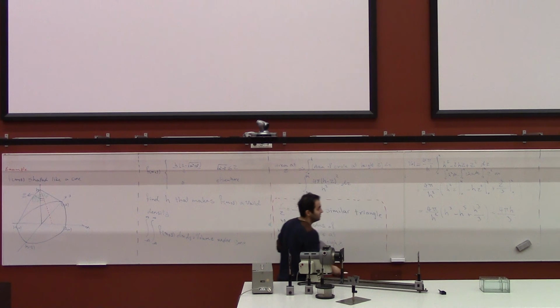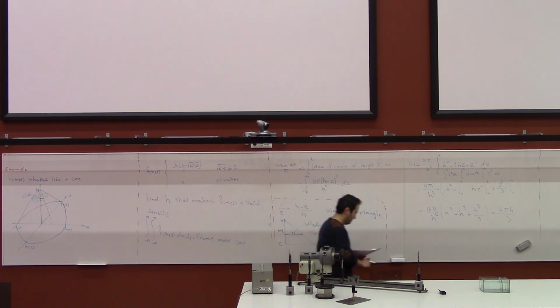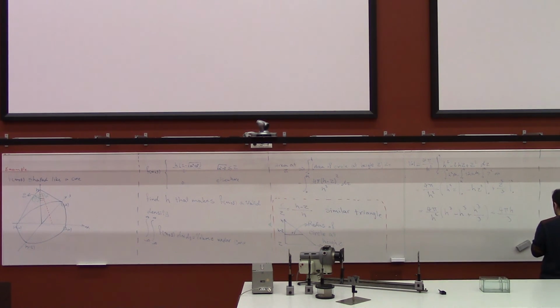We said that before. We said that we have a condition like this. You remember? The integral from minus infinity to infinity, from minus infinity to infinity, of f(x,y) dx dy equals 1.